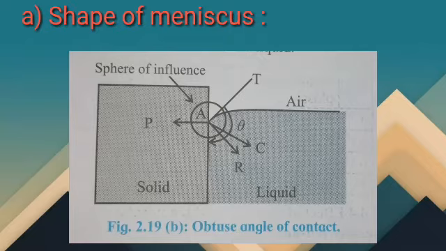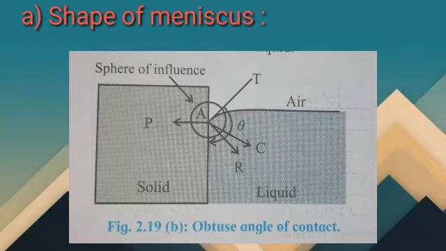Phenomenon of formation of meniscus with an obtuse angle of contact. When mercury is taken in a glass bottle, it forms an obtuse angle of contact between liquid and solid. Consider a molecule A on the surface of a liquid near the wall of the container.